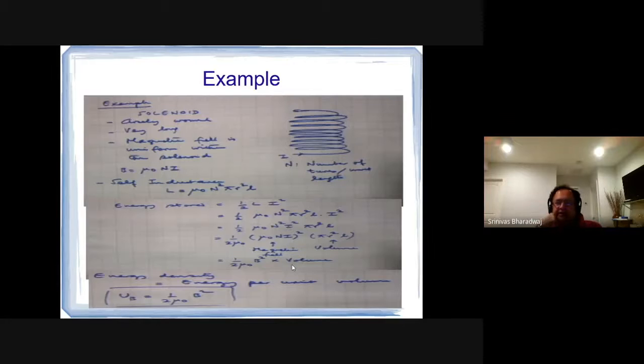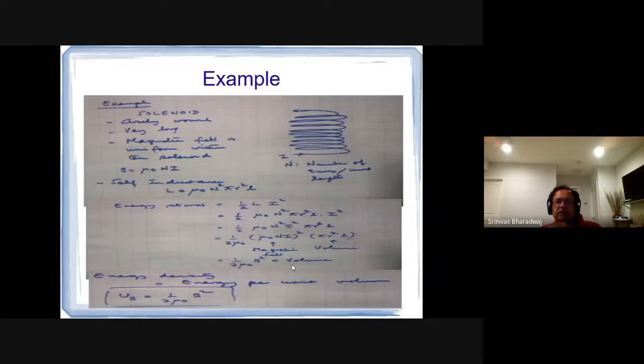So take a look at that: half Li square, and then you use that to calculate the energy stored. We already calculated L in the case of the solenoid, right? Mu naught n square pi r square L. Not that much different from the toroid, right?